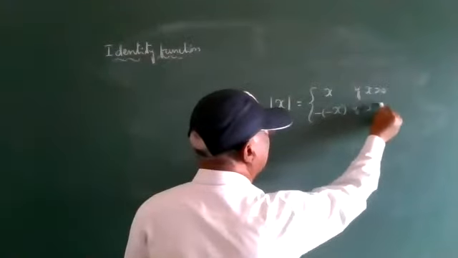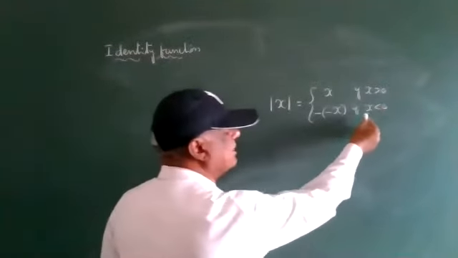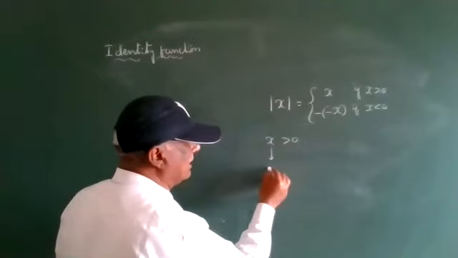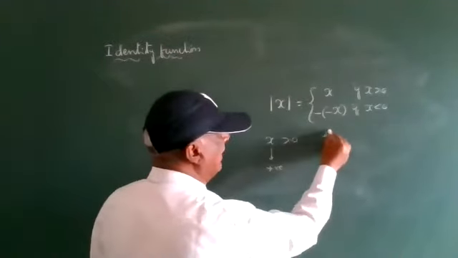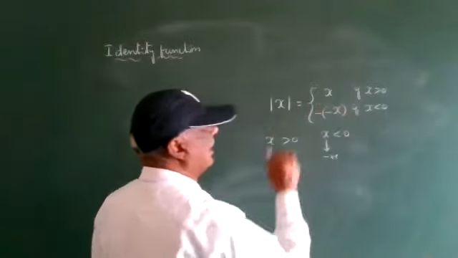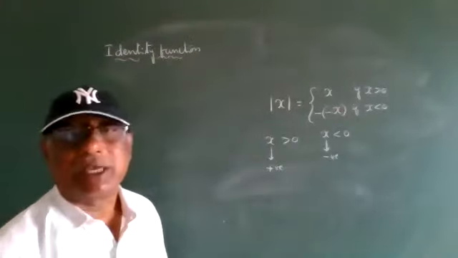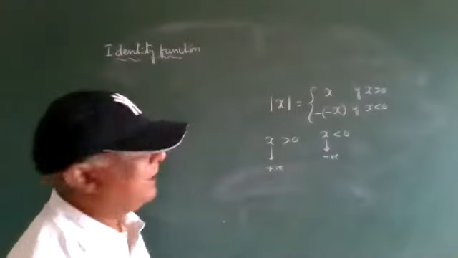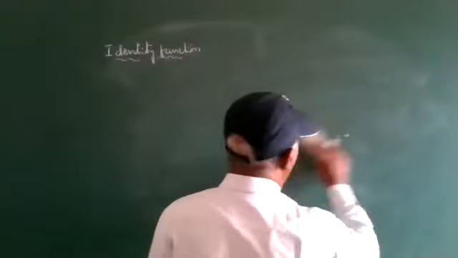X less than 0 means negative, x greater than 0 means positive. So for negative x, the same x comes with the minus. Everyone has an idea of modulus x, right? We have the definition.